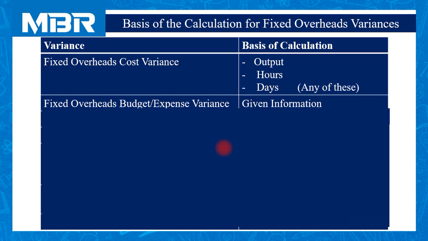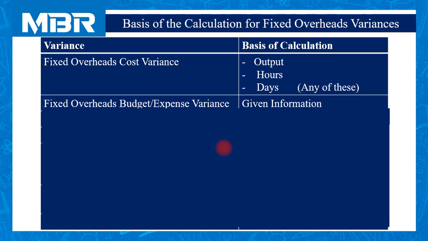First, fixed overhead cost variance. For the purpose of calculation of fixed overhead cost variance, we have 3 options. Either we can calculate on the basis of output, or on the basis of hours, or on the basis of days.